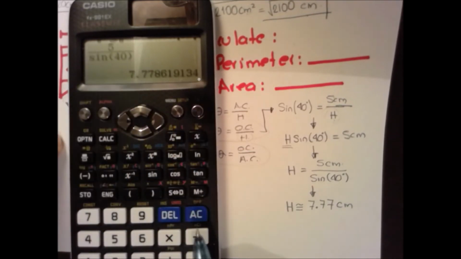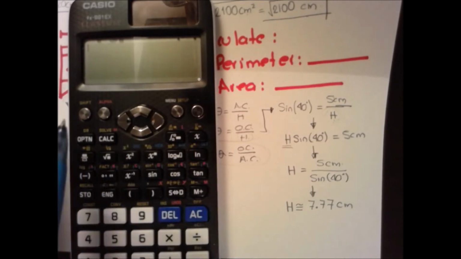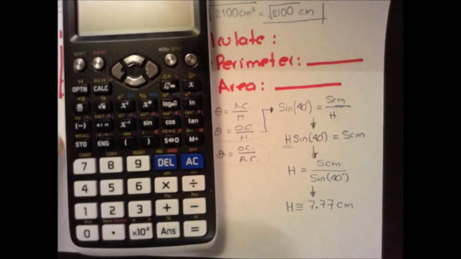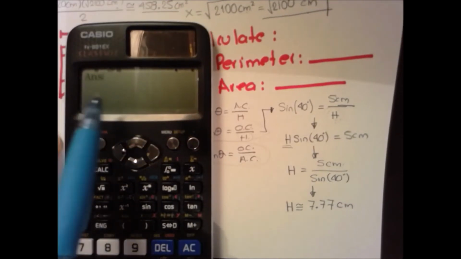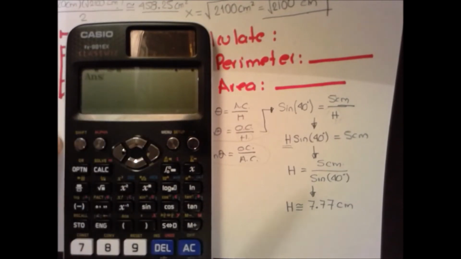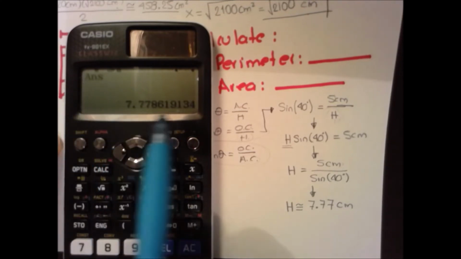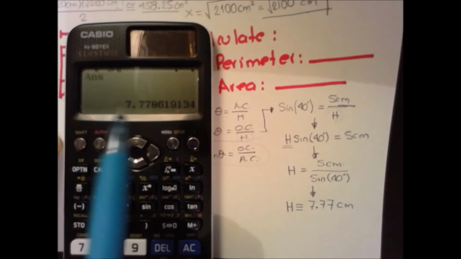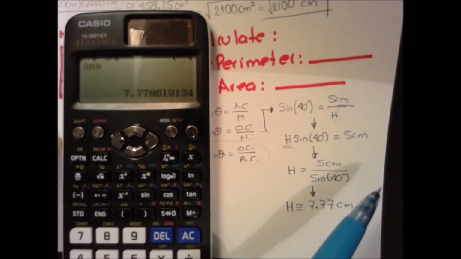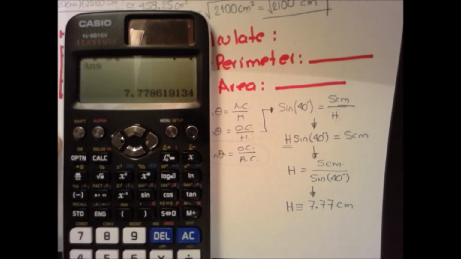You need to press the key AC, and it's going to disappear from the screen. Now you are going to press the key Ans, and then you are going to have just Ans and equal. When you have Ans and the final result, that is the moment to store the data.